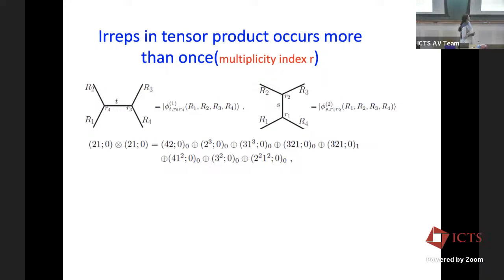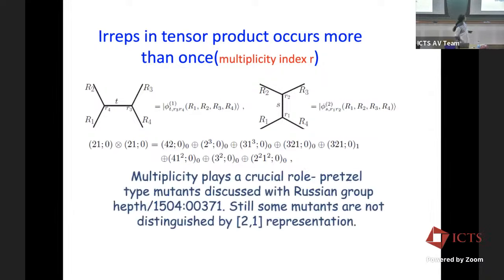With this multiplicity index, we could systematically show it is not an identity operation for mixed representations. I was puzzled how the identity operation would not be identity. So we could show the mutation operation is not identity because of this multiplicity issue. Multiplicity plays a crucial role, and we did this for many classes of mutants and got distinct results.